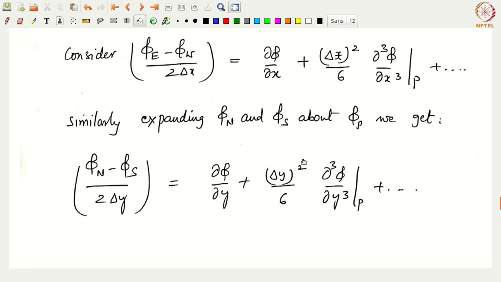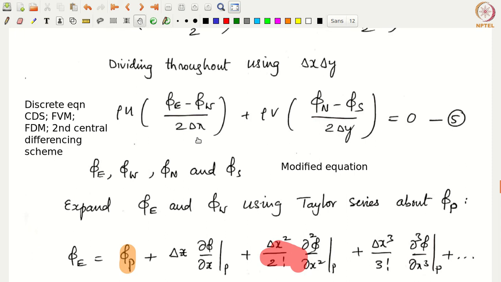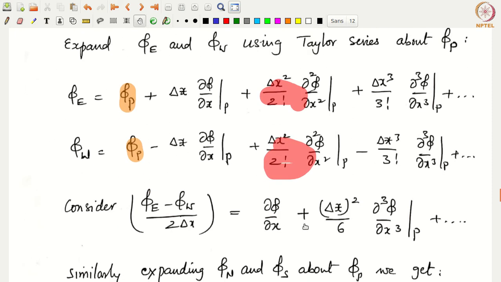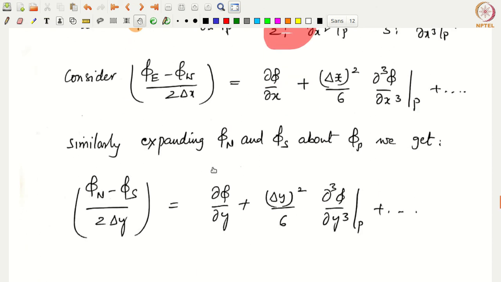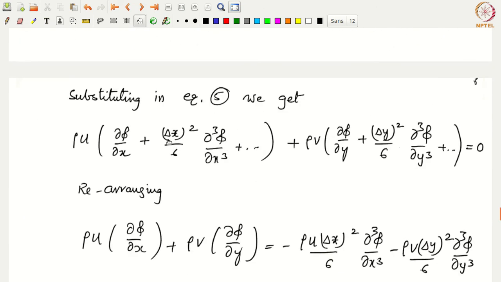So let us plug these two quantities back into equation number 5. That means rho u times this quantity plus rho v times this quantity. If you substitute back, you get rho u times partial phi partial x plus delta x square by 6 partial cube phi by partial x cube, plus rho v times partial phi partial y plus delta y square by 6 partial cube phi by partial y cube, equals 0, plus and so on.